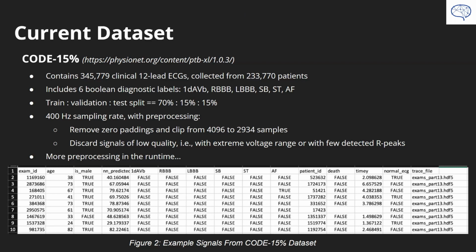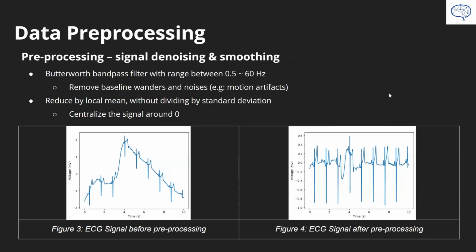There are more pre-processing steps in the runtime as follows. So as shown in the next slides, in the runtime, both the input and the output leads of a signal are passed through a Butterworth filter, allowing only frequencies between 0.5 to 60 Hz. This filter first removes high frequency noises, and second, low frequency baseline wanders.